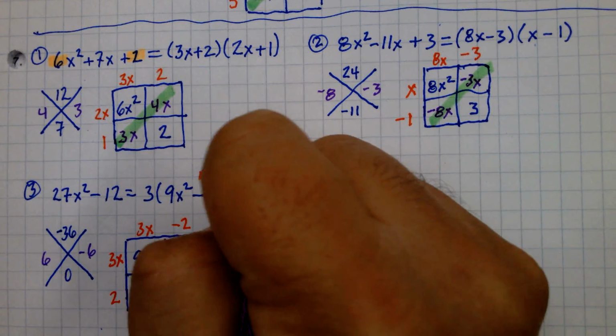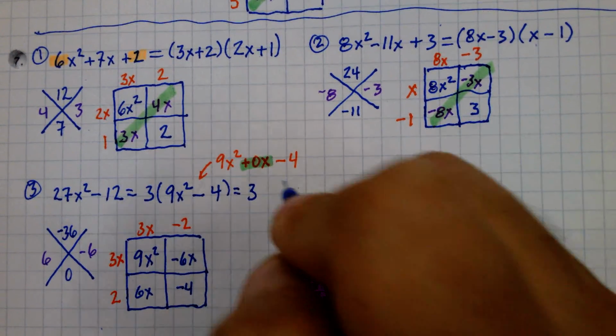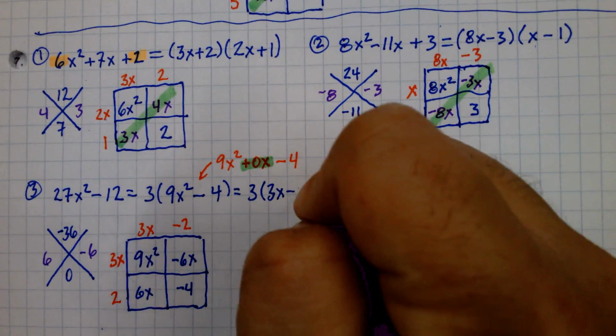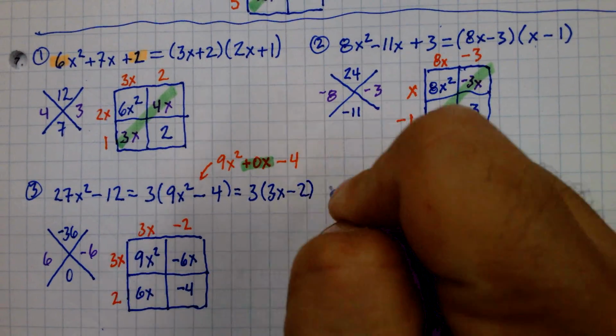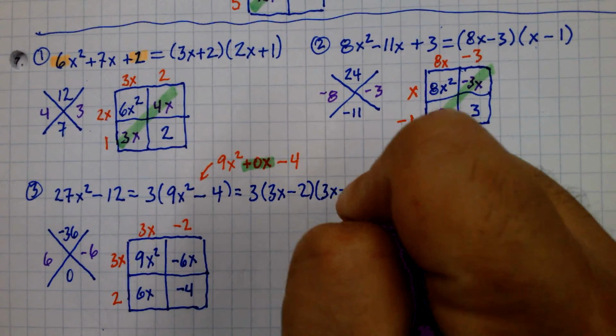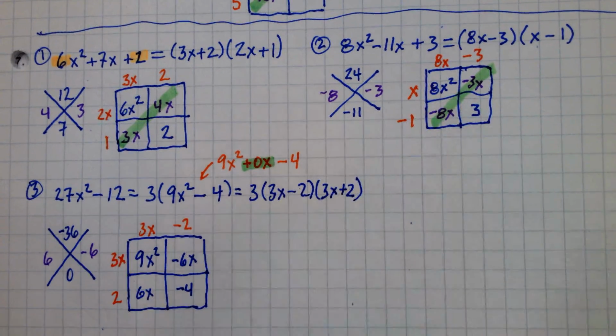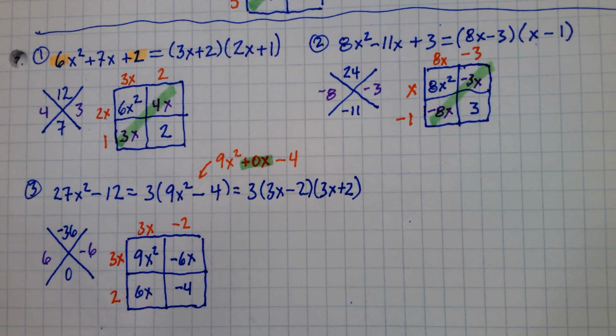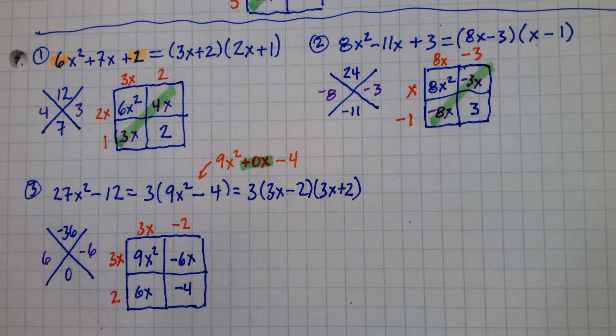We have 3. We factored that out. 3x minus 2. 3x plus 2. Yeah. All right.